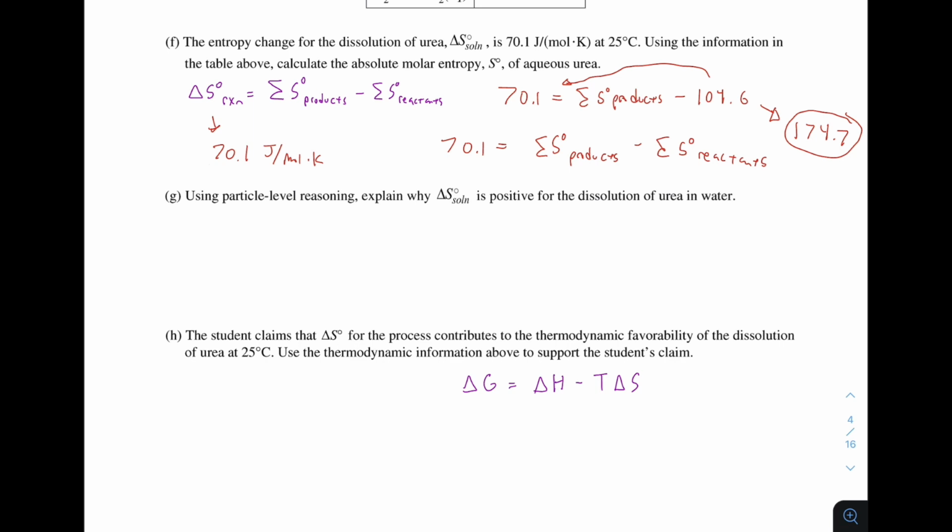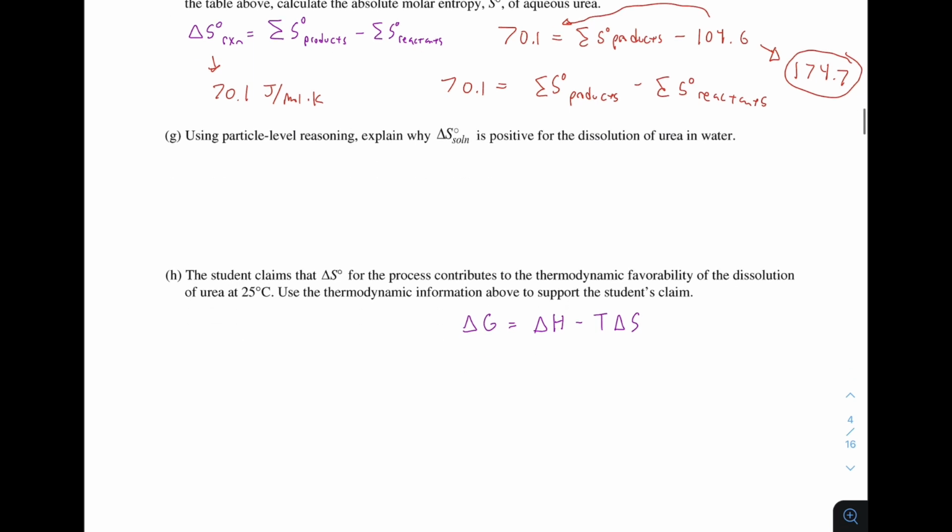So the next part is based on entropy again, but it asks for particle level reasoning of why the dissolution of urea in water is positive. And I think of this question, I base my answer directly on the idea of entropy that we're all told in high school, that is, entropy is equivalent to a messy room.